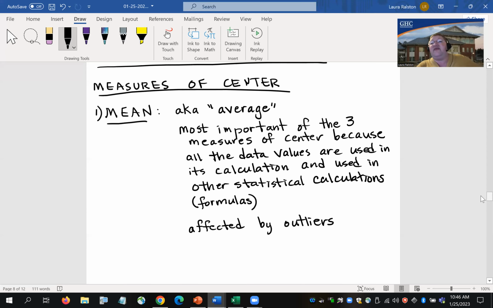If you have that 12-year-old in the class, then that can cause it to be lower than it should be. So you have to be careful. While the mean is the most important, it's really the best measure of center, it may not be feasible to use it if your data set contains a large number of data values.